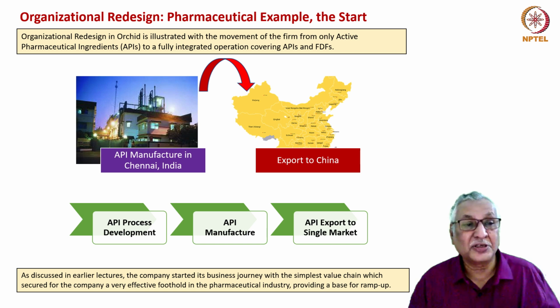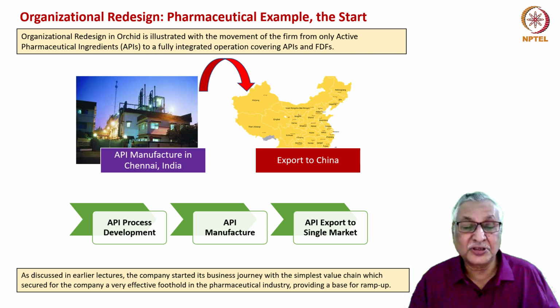Structure follows strategy, Alfred Chandler said. Orchid's case study proves this once again. As the strategy evolved, the structure followed. And the structure was always established to keep the forward looking strategy happening in actual execution. So, from API manufacturing in Chennai in India to export to China, the company moved into fully integrated operations covering APIs and FDFs.